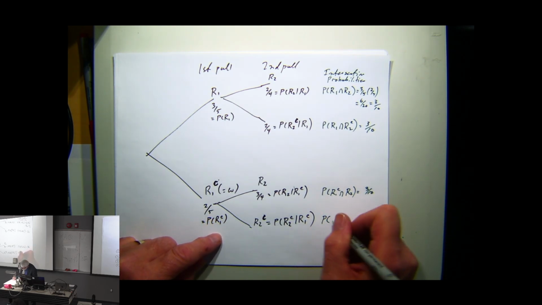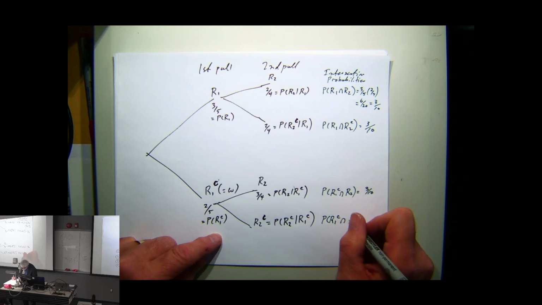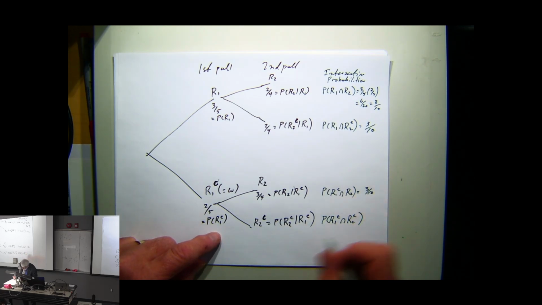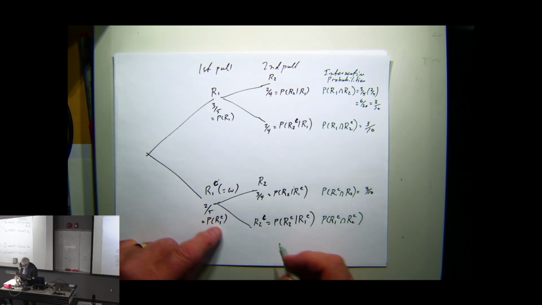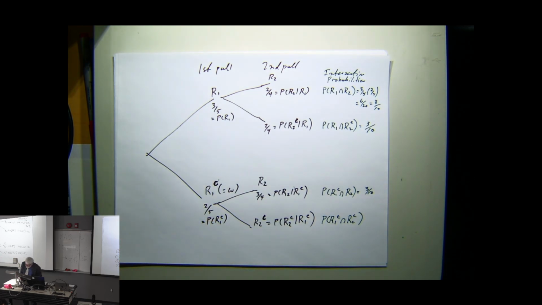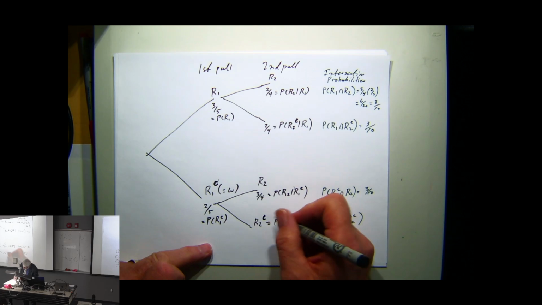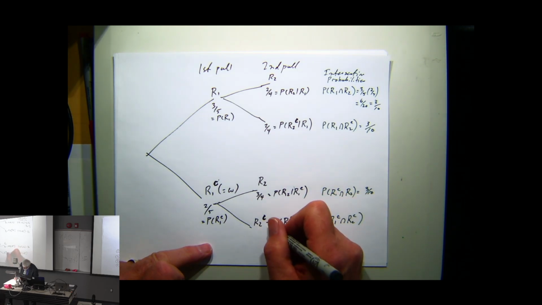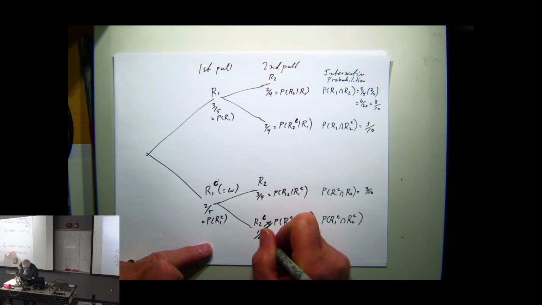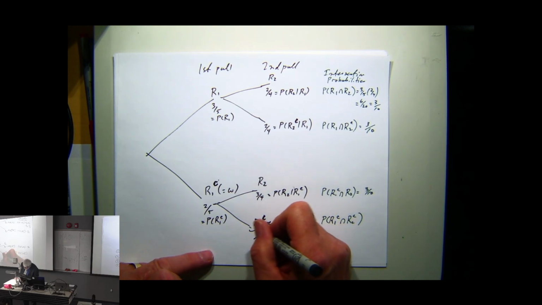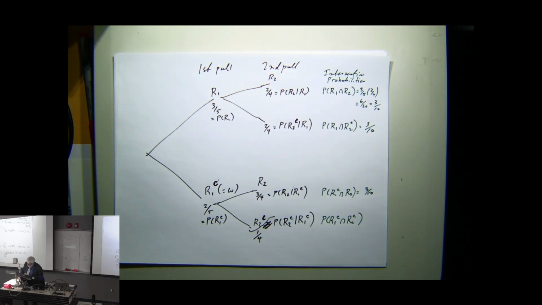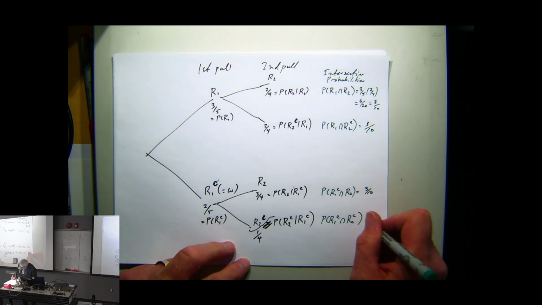And the probability of not getting a red on the first and not getting a red on the second, in other words, you got 2 whites in a row, is going to be 2/5 times, I didn't write that number in, oops, sorry, back here, 1/4, up there, 1/4. So 2/5 times 1/4 is 2 out of 20, which is 1 out of 10.